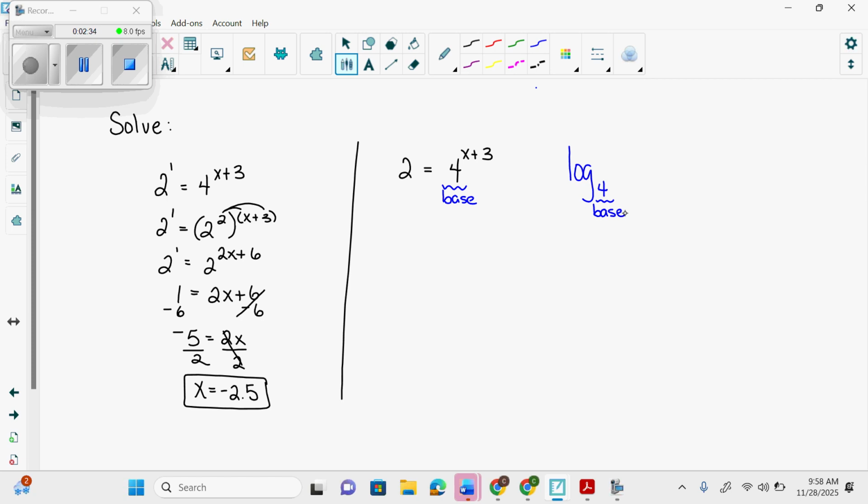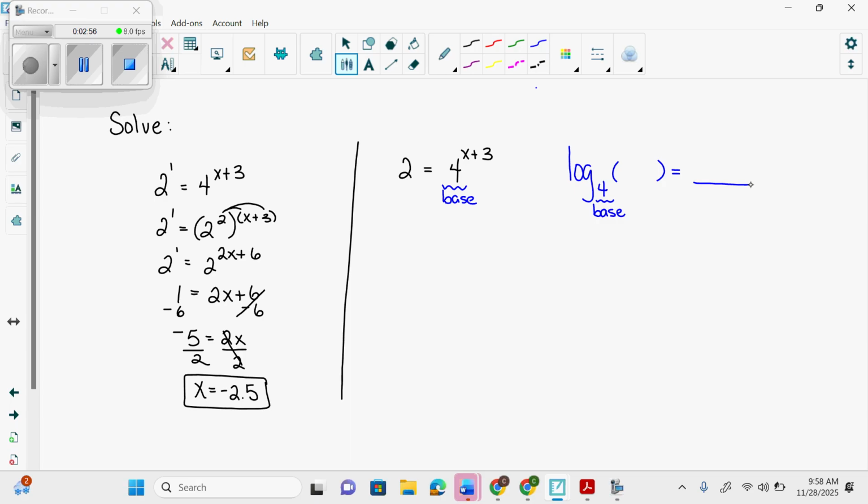Everyone doing that? Okay. Then what I do is, what's friends doesn't stay friends. So in order to get a log filled in, I'm going to get something beside the log, and it's going to equal something. Okay? So what's currently friends in exponentials? 4 and x plus 3, correct? Right, Callie? Yes.